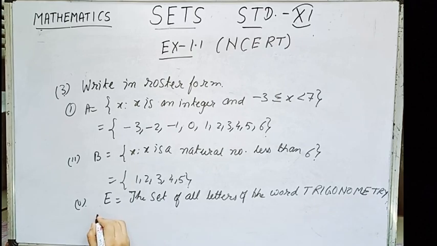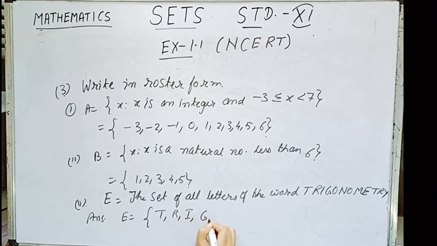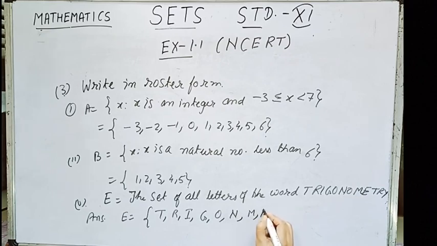So this we will be writing as E equals to, let us write T, R, I, G, O, N. O is repeated. So M, E, T is written earlier. Then R also written. Y. Will not repeat. Repetition of letters in the set is immaterial, is of no sense. So question number 3, rest of the subparts you will be completing by your own.